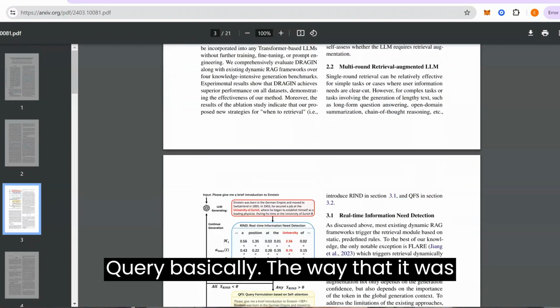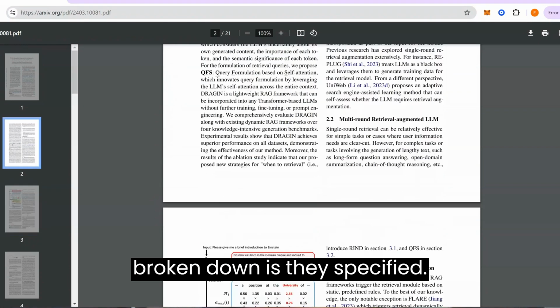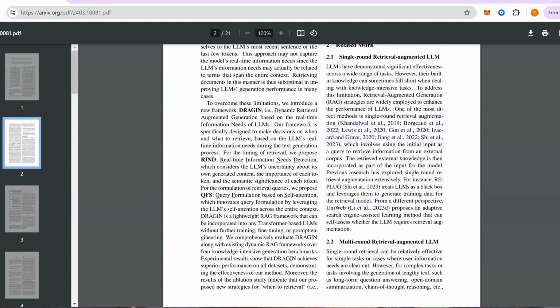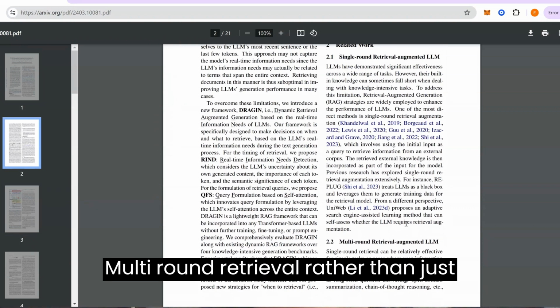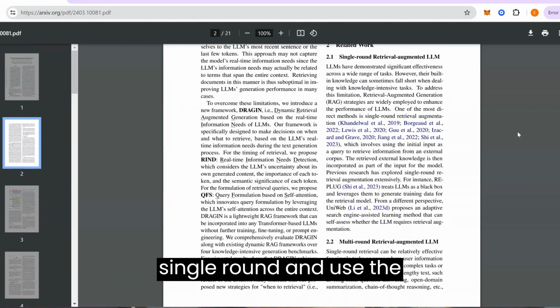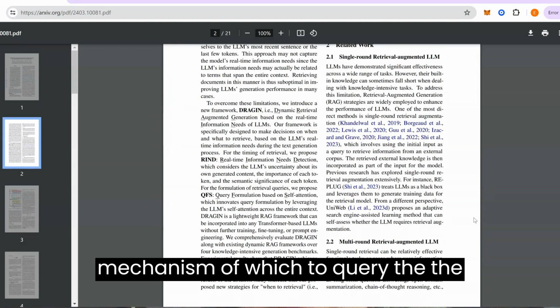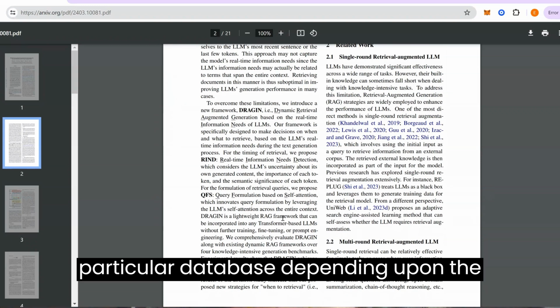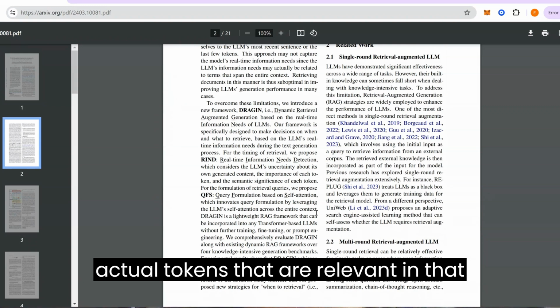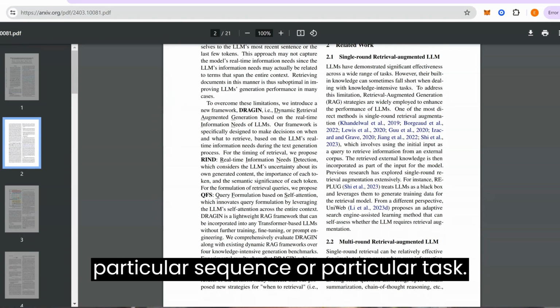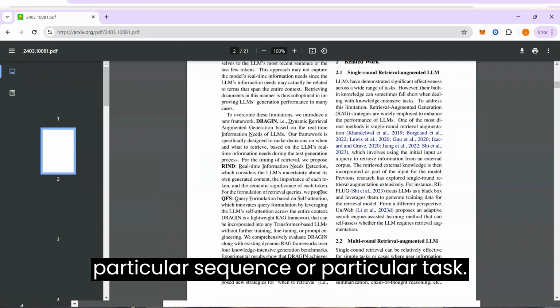Basically, they specified multi-round retrieval rather than just single round, and used a mechanism to query the particular database dependent upon the actual tokens that are relevant in that particular sequence or task.